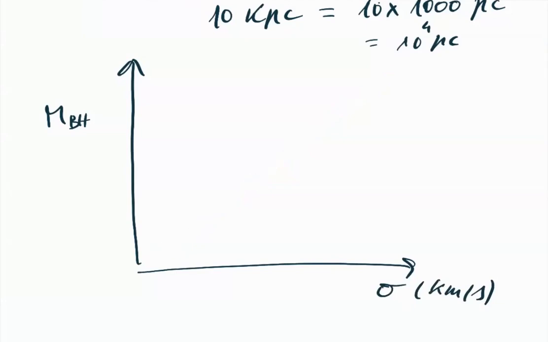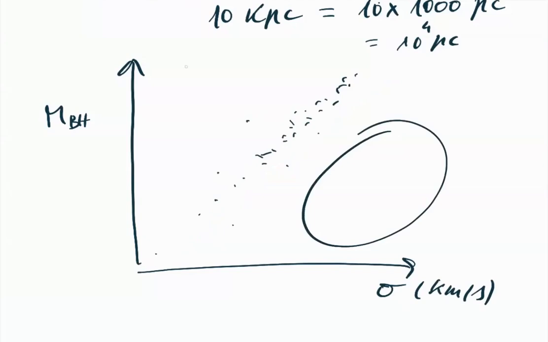So when we look at data, we see something like this. Of course, with some scattering, because we're talking about astrophysics. But what we see is that this part of phase space and this region of phase space are empty. We don't have data over there.